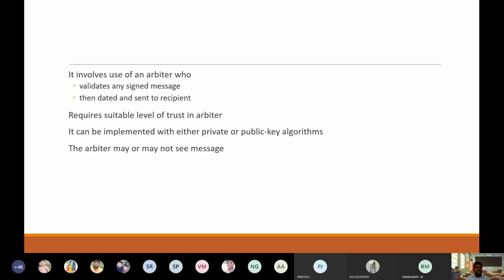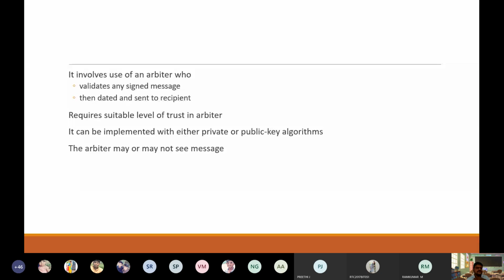Clear? It involves the use of an arbiter, which validates any signed message. He is like a third-party authority which provides a digital signature. As we already discussed, the digital signature will be provided by some other vendor. Like that, in arbitrated digital signature, the arbiter acts as an authorized third party.